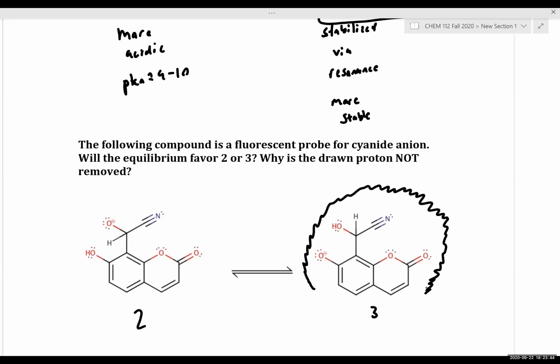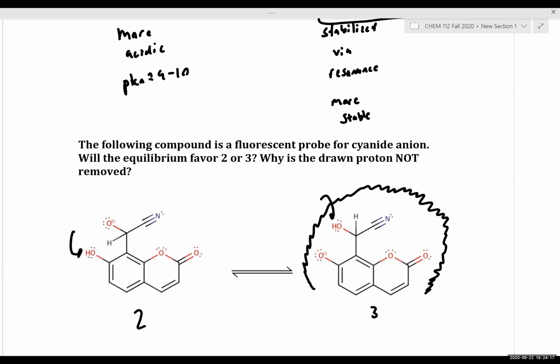What this problem boils down to is just a direct comparison between this phenolic proton and this relatively normal alcohol proton. So I'd like you to tell me which of these protons is more acidic, and as a result, is this equilibrium reactant or product favored? What does everyone think?